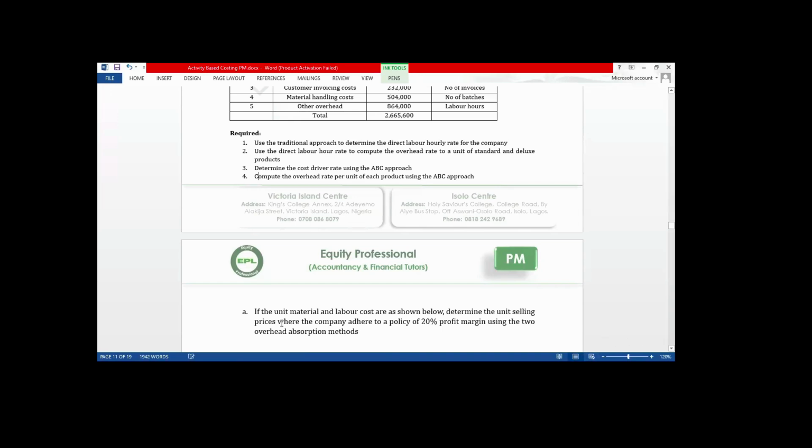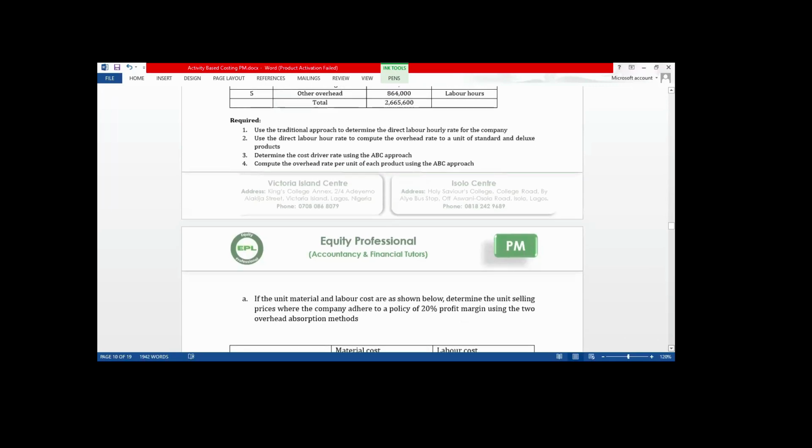If the unit material, please look at your screen. Of course, this part will not be in the question you have at home. Look at this.